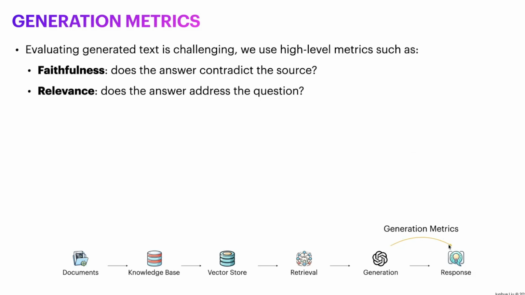It cannot be simply measuring accuracy, because what we care about is not how many words match the ground truth for the generated response, but rather whether the response is grounded, whether it is faithful to facts, right? Does the answer contradict the source? We also want to measure whether the generated text is relevant to the question, right? So all these are secondary metrics to measure so-called hallucination.